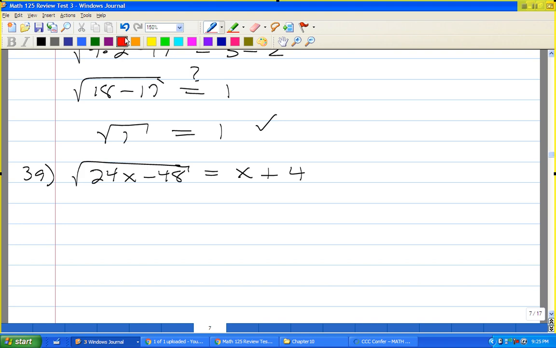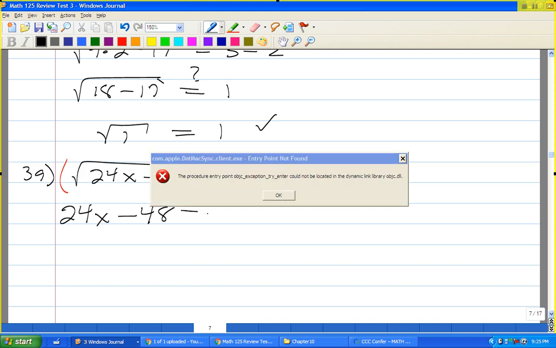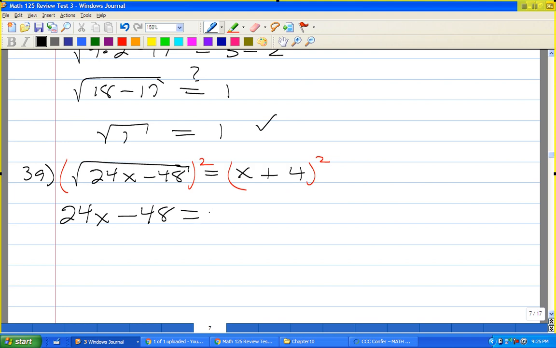So if I square both sides, the square gets rid of the square root, so I get 24x minus 48 is equal to x plus 4 quantity squared is x squared plus 8x plus 16 by the special product formula, the perfect square trinomial formula.